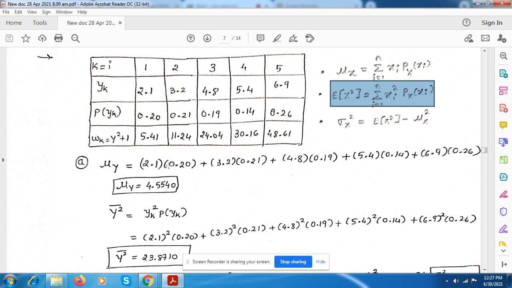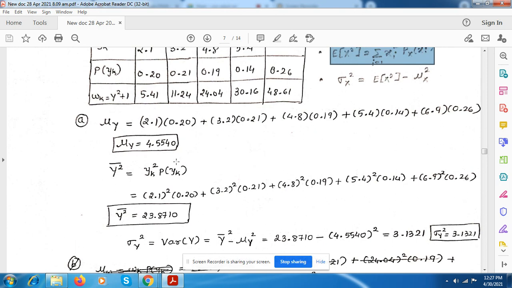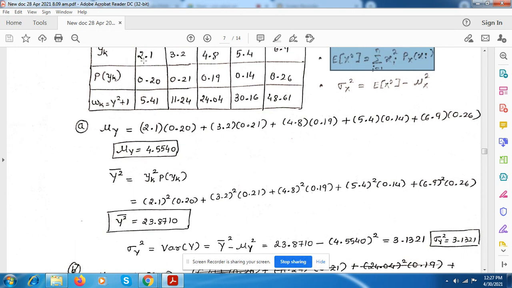Already we have calculated the mean value for random variable y. So to calculate the second order moment, we have to square the yk random variable and multiply it with its probability. Here the first value is 2.1, so 2.1 whole square into 0.20, its probability value.